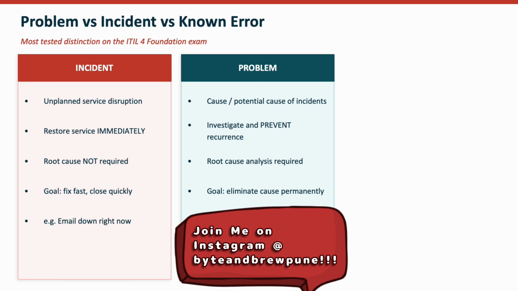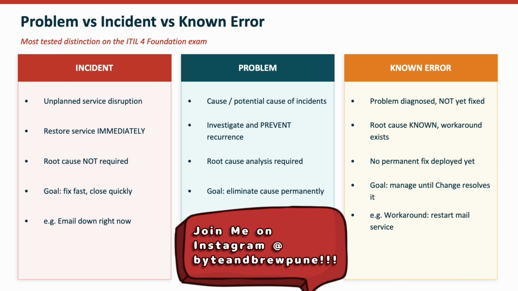A known error is any problem which is diagnosed but not yet permanently fixed. That known error always has a workaround which helps users to use the services without stopping so that they can work. For example, restarting the systems or restarting any of the services on your systems. These things help you as a workaround.